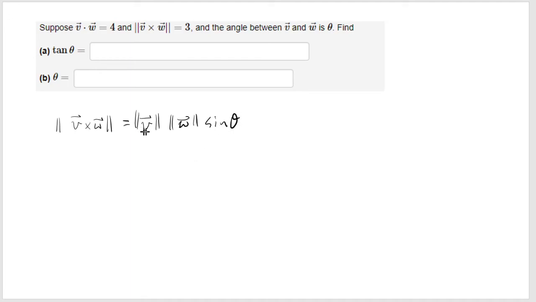And this has the geometric meaning that it's the area of the parallelogram. So if you have a V and W, this area is calculated by this formula.